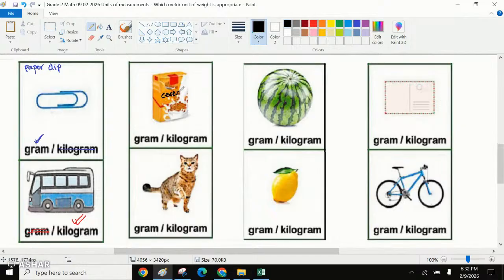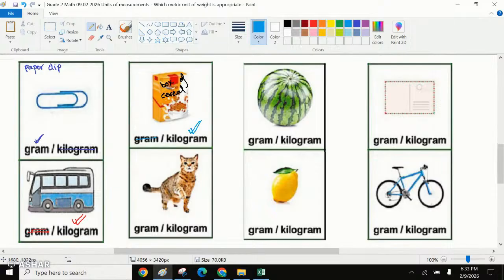This is cereal. Box of cereal. A box of cereal would be. Box of cereal can be. It can be in kg, right? Yes, thank you. Maybe 1 kg or 2 kg, right? But smaller values in kilograms.